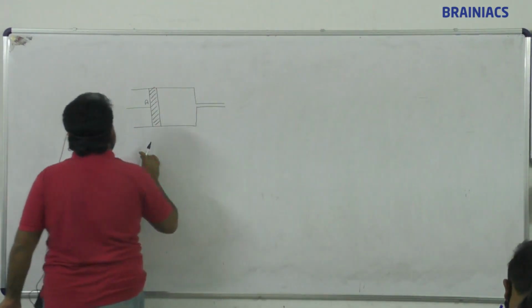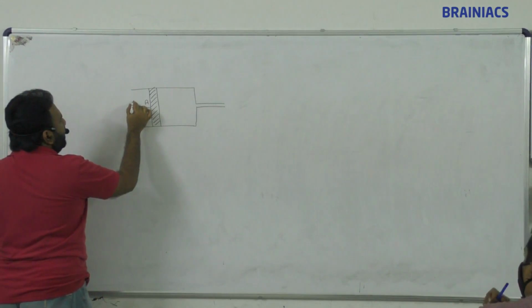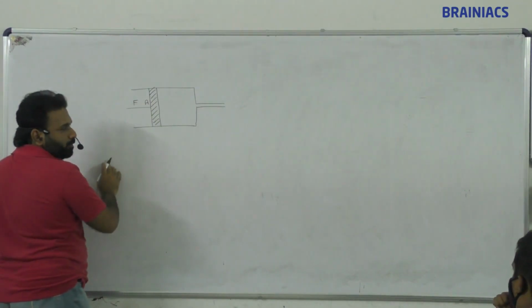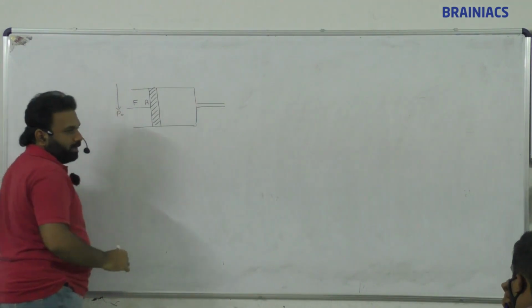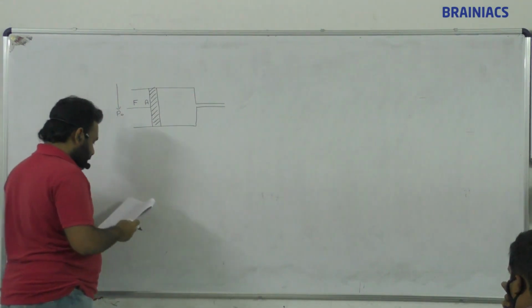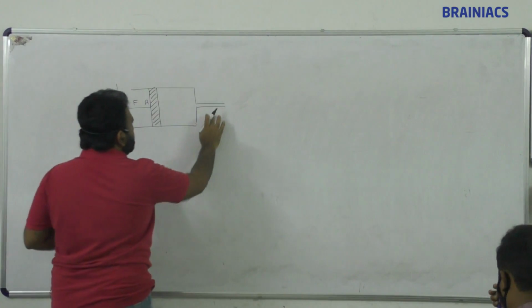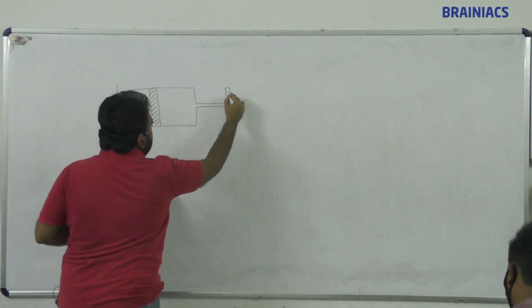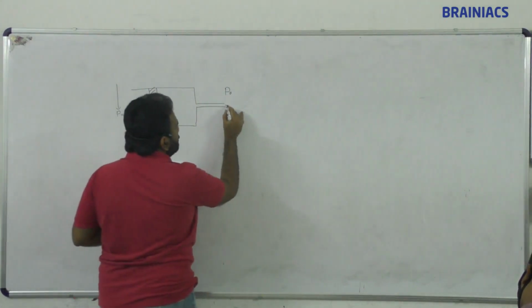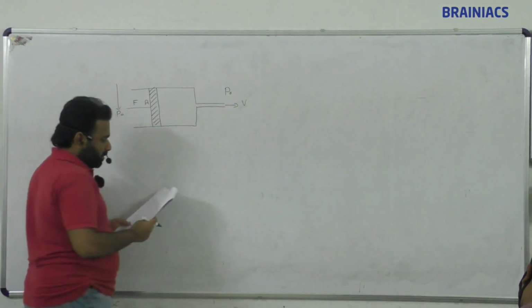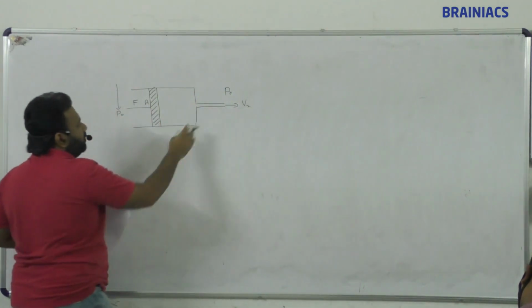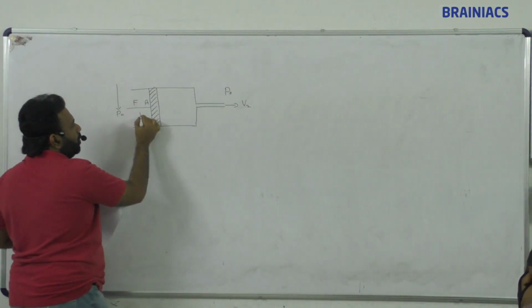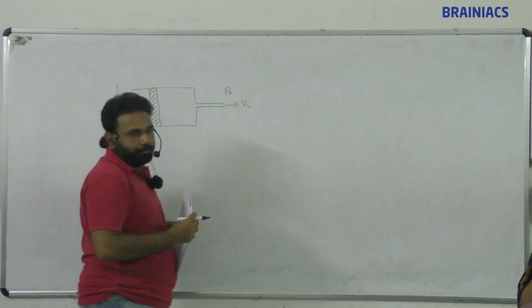Right, so here we are applying a force. At the same time, atmospheric pressure also will be there. Then in this place pressure P naught will be there, and the liquid will come out with some velocity. Say this is V2 and here it is V1.